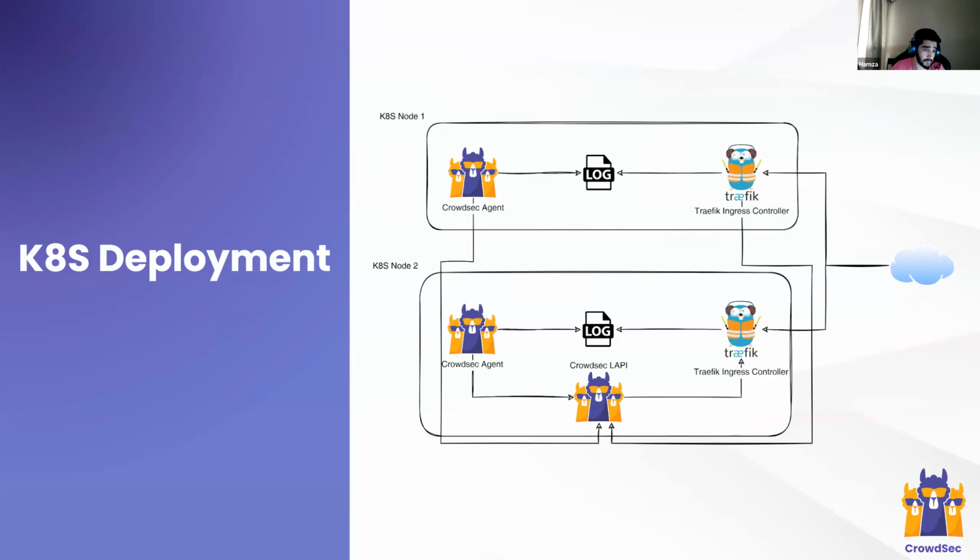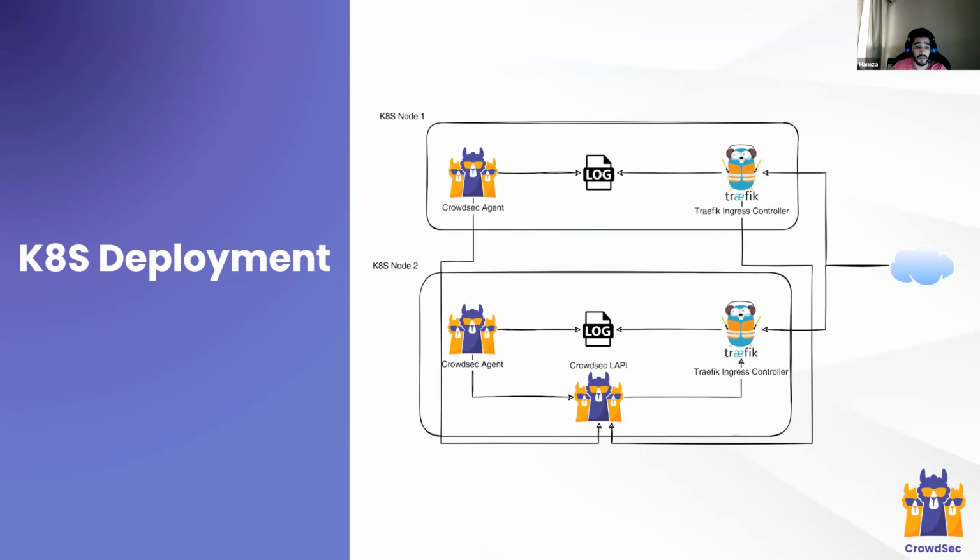So here we have an example with 2 nodes, and we have 2 pods installed, one on every node, as a daemon set. Then the CrowdSec API is in the CrowdSec namespace. Here you have the Traefik ingress controller.